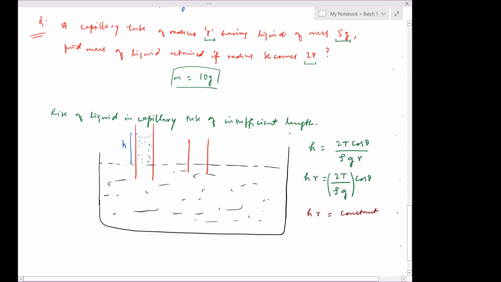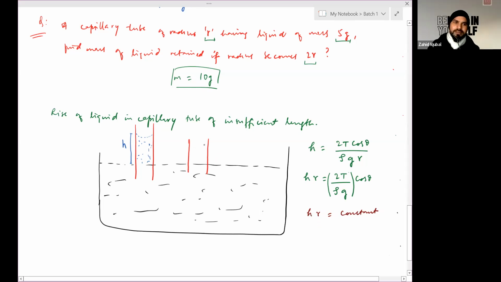Yes, sir. So in this part, if the tube is of insufficient length, smaller as compared to h, r tends to become maximum. What will be the maximum value of a particular dimension? You'll say infinite. Okay.